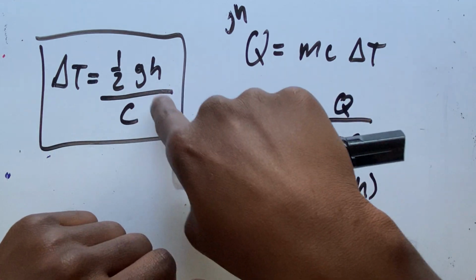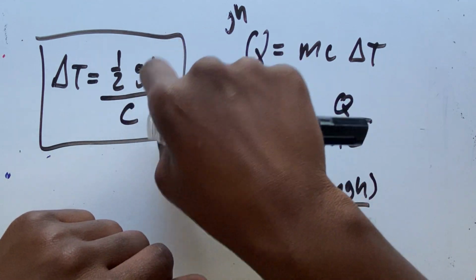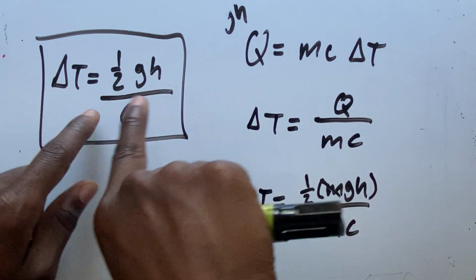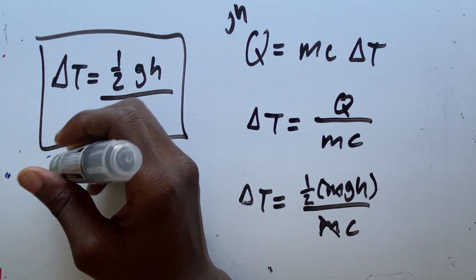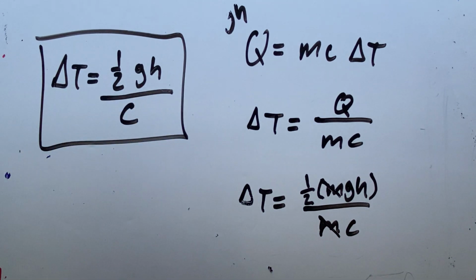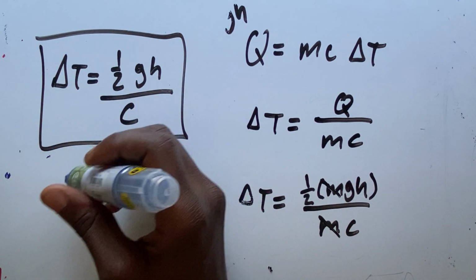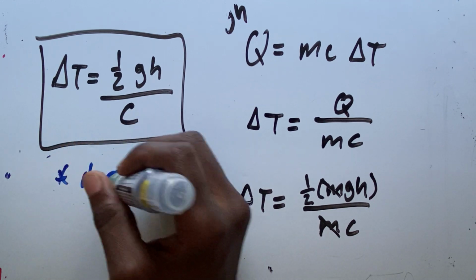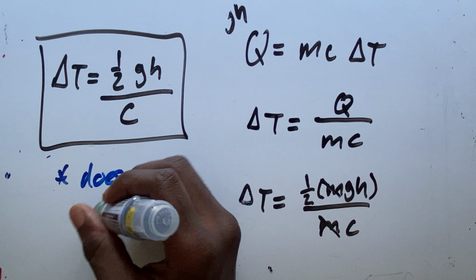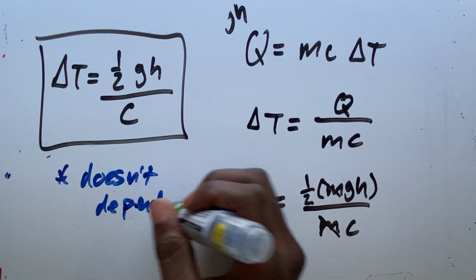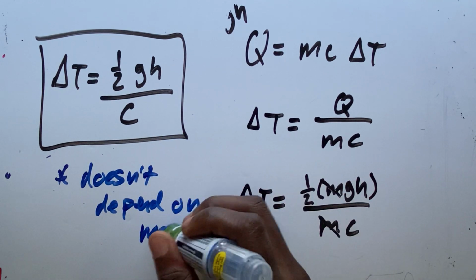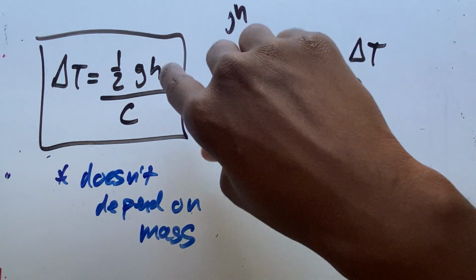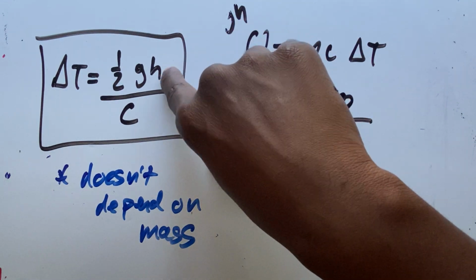And also notice that this has no value of mass in it. So the change in temperature does not depend on mass. It's just a small note. But notice that it does depend on the height.